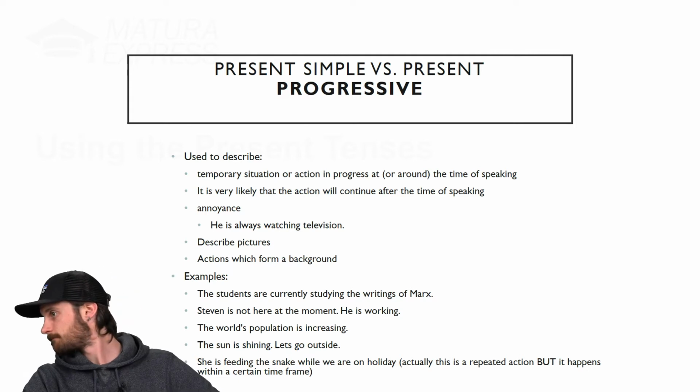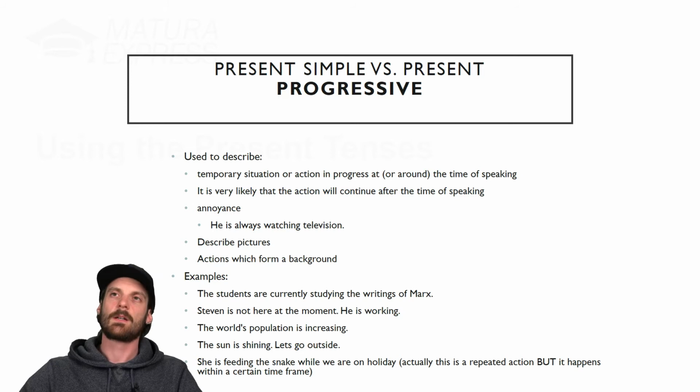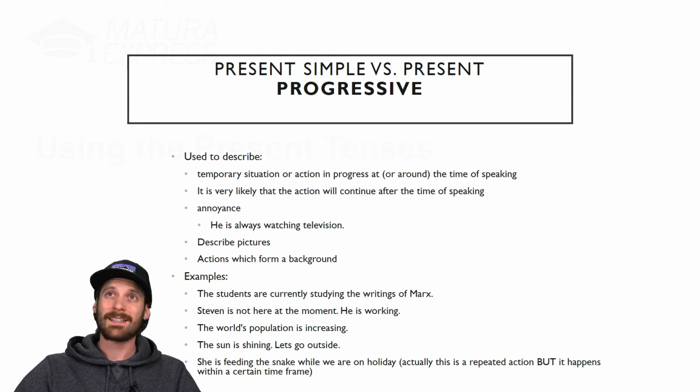Yes. It's like the continuous form, isn't it? The going to? No, actually not. Of course, you can use the continuous form, the present progressive, as a future form, but it is a bit stronger than going to.